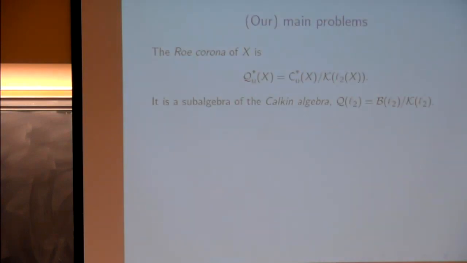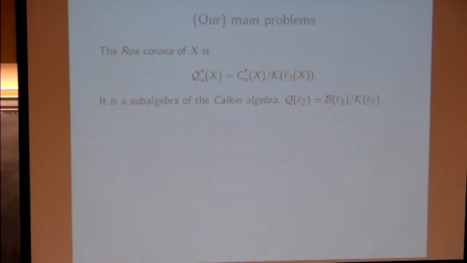Okay, so here are the problems that I'm concerned with. First, one definition. The Roe corona is obtained by taking the uniform Roe algebra and modding out the compact operators. Now, all of those are subalgebras of the so-called Calkin algebra, which is obtained by taking all bounded operators and modding out the compacts.